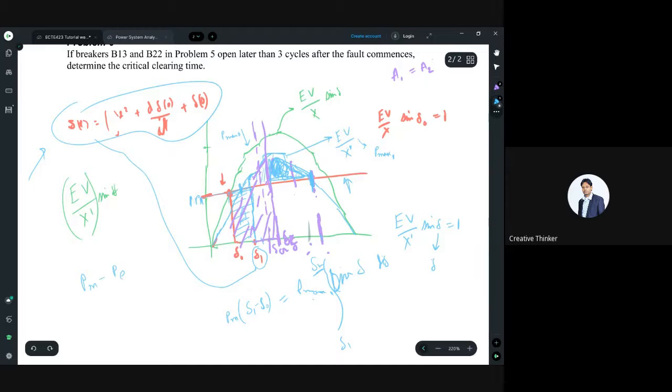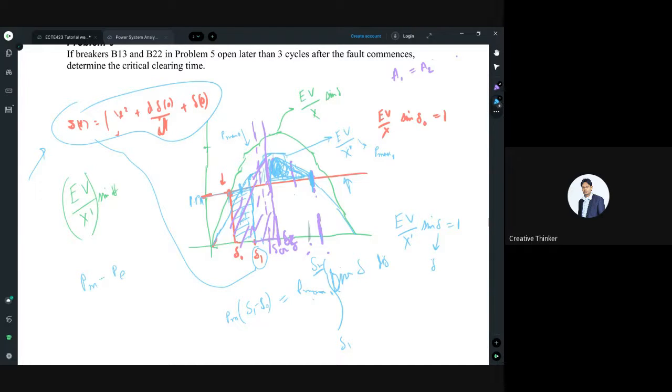Electrical power has become zero, and the mechanical power you are feeding is one per unit. You haven't stopped the mechanical power, so the rotor will accelerate. The area you will find under this mechanical power line gives how much the machine is going to accelerate. That should be equal to the deaccelerating area.